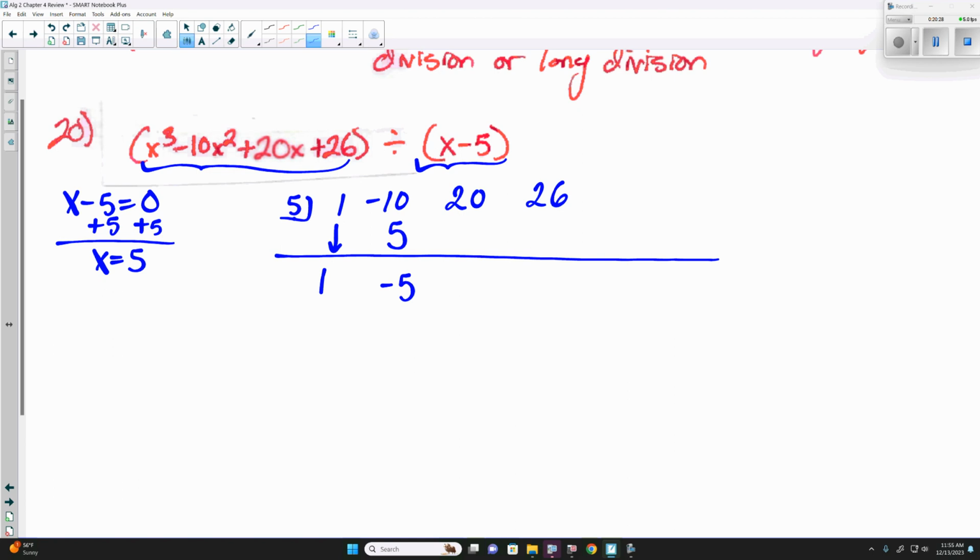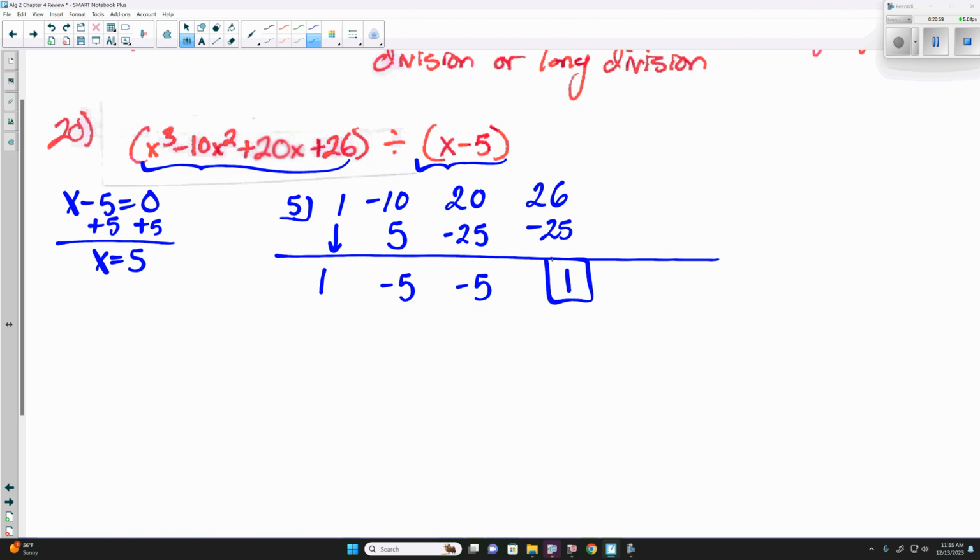Then we multiply again. 5 times negative 5 is negative 25. 20 plus negative 25 is negative 5. Then 5 times negative 5 is negative 25. And lastly, we add 26 and negative 25. This time we'll get positive 1.